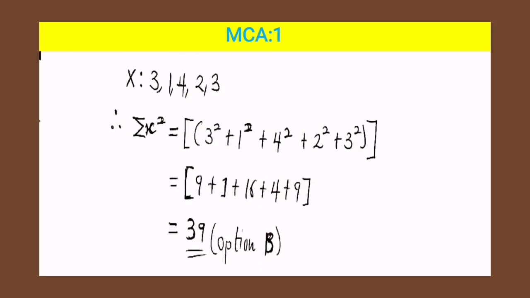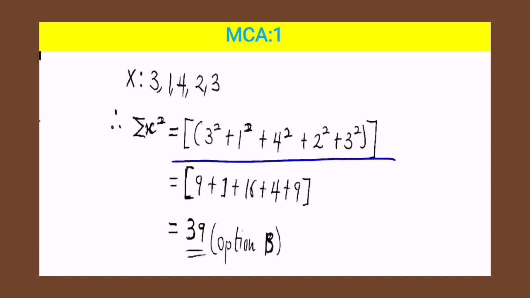So as you can see here, it was the same thing I did here. 3 squared, 1 squared, 4 squared, 2 squared, and 3 squared again. When you square 3, you're going to get 9. When you square 1, you get the same as 1. When you square 4, you're going to get 16.